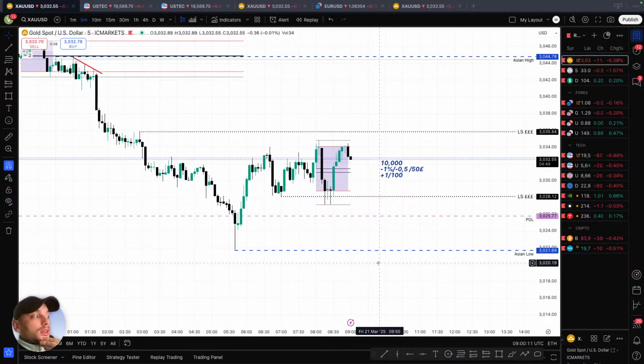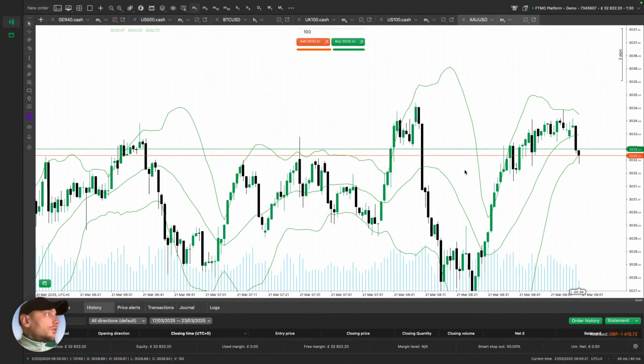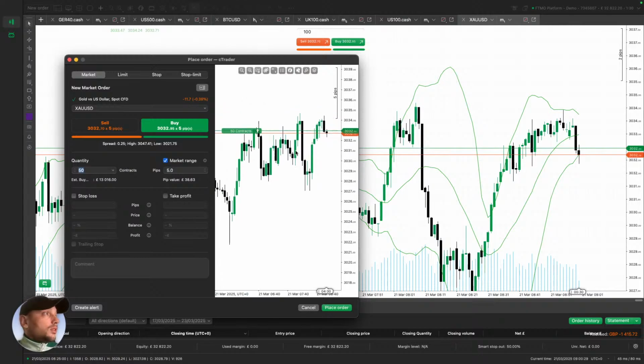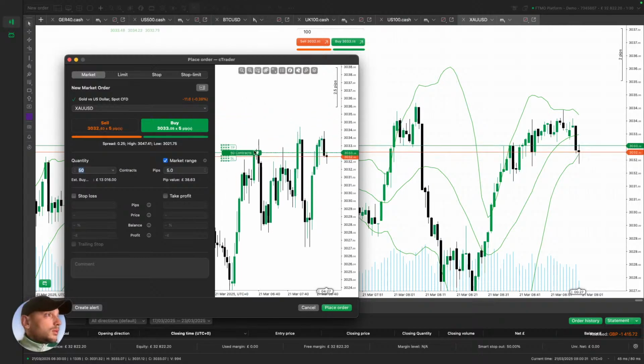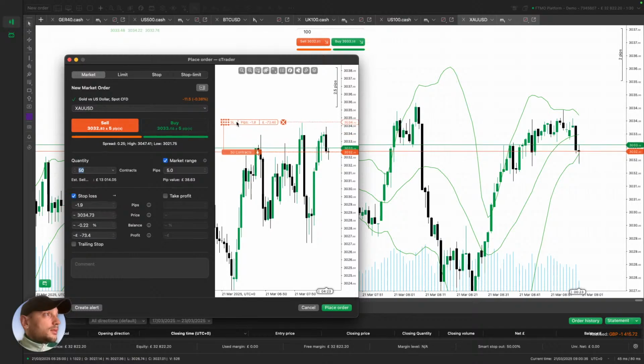Because on MetaTrader you can download a fitting risk calculator, which helps a lot. But on CTrader, you need to do it manually. So, for example, let's say we want to put our stop loss up here on those highs when you open your order. Let's say we want to sell, and our stop loss is going to be right here.